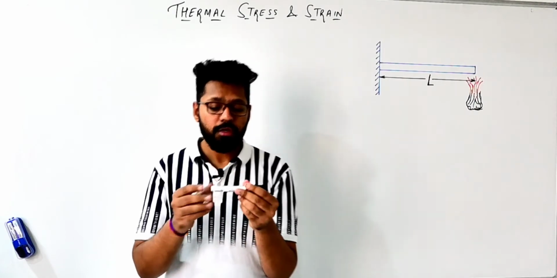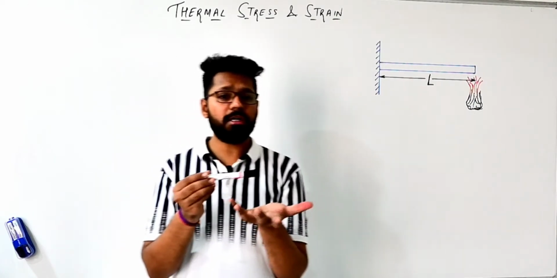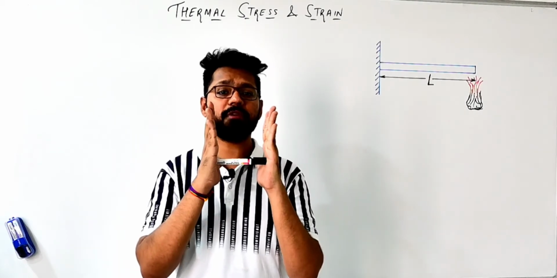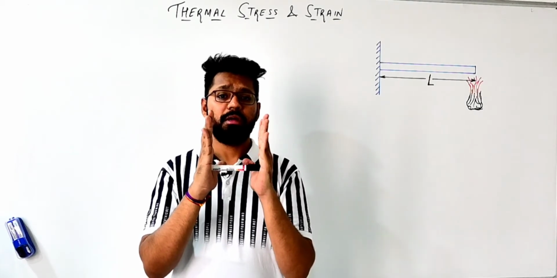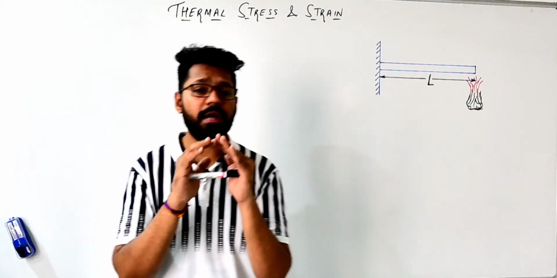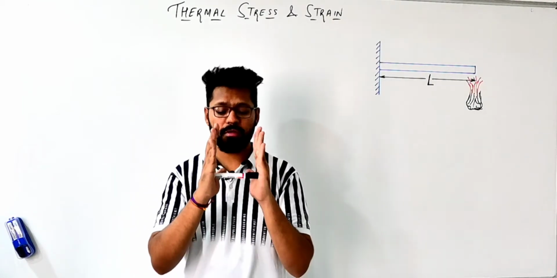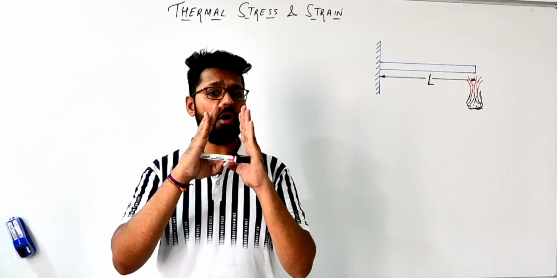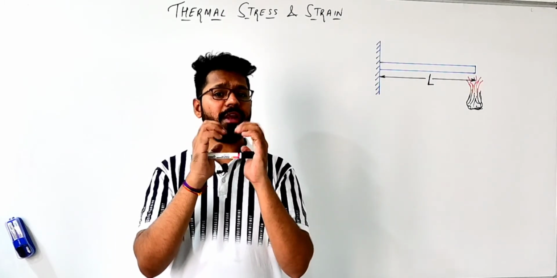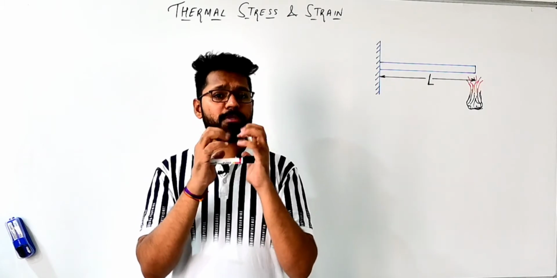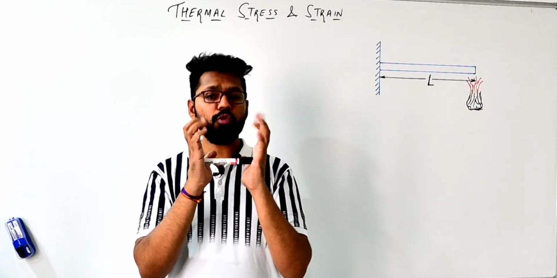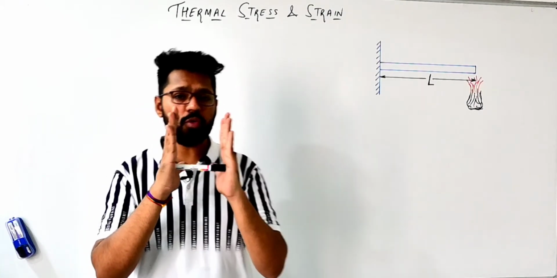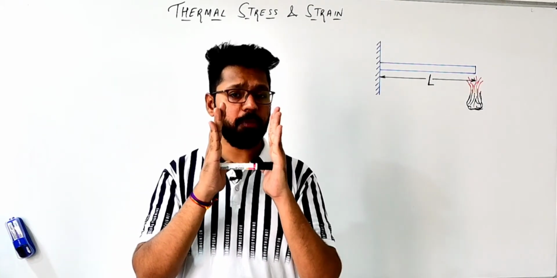Okay students, so when will thermal stress occur in this rod? If we fix this rod at both ends with the help of rigid supports, that type of supports that do not move. If we heat this rod, then this rod will try to expand, but the two rigid supports are at the two corners, and those supports will not move.